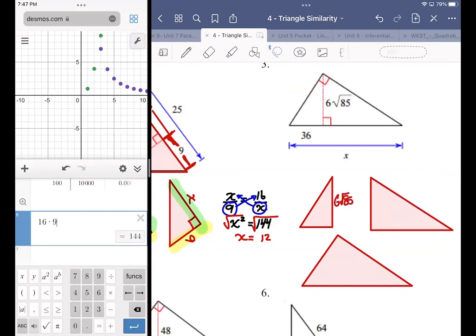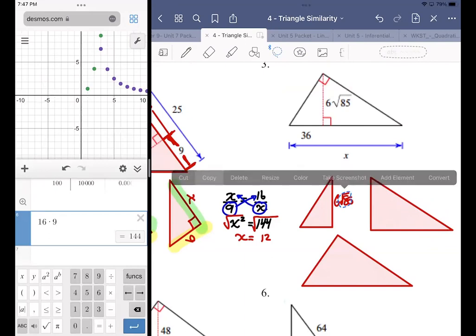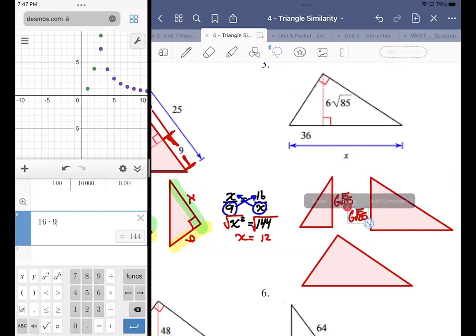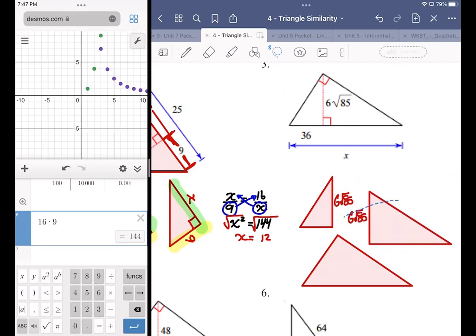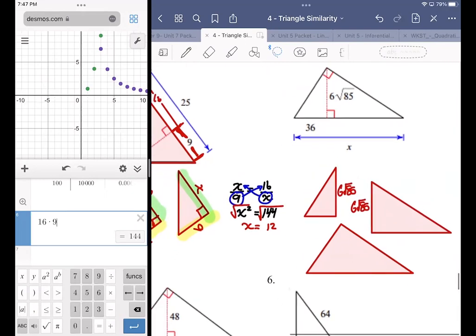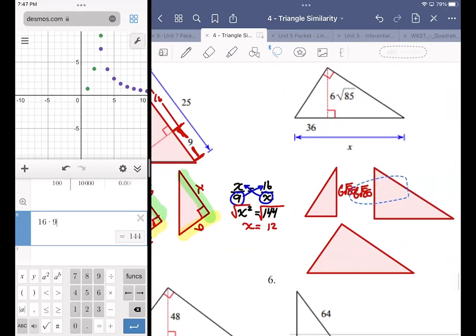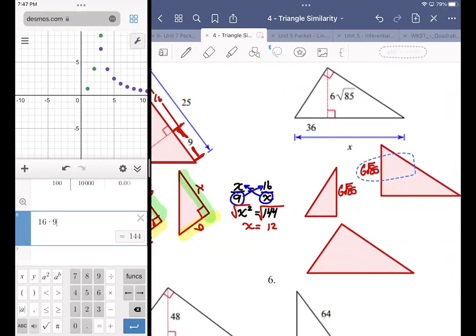And also for the other one. I'm just going to offset it a little bit so they don't overlap. 36, that's this little guy here.